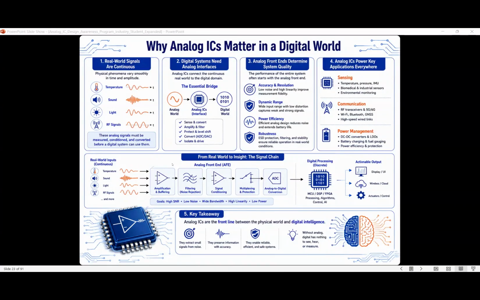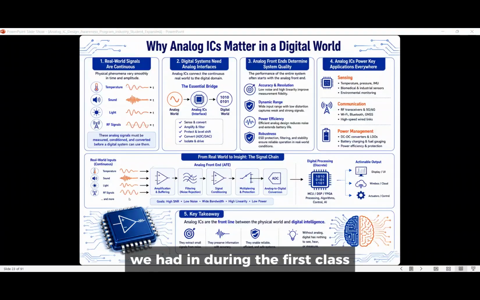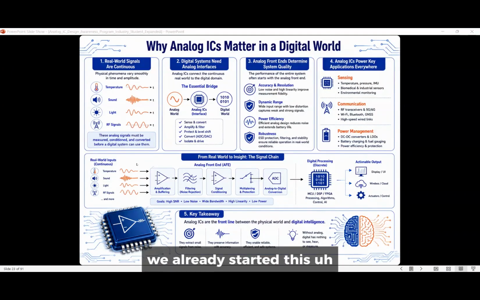Okay, so in the second year, I think it's analog circuit design, not analog integrated circuit design. In the first class, we already started the signal chain.